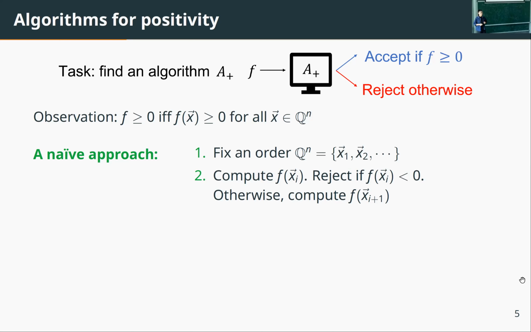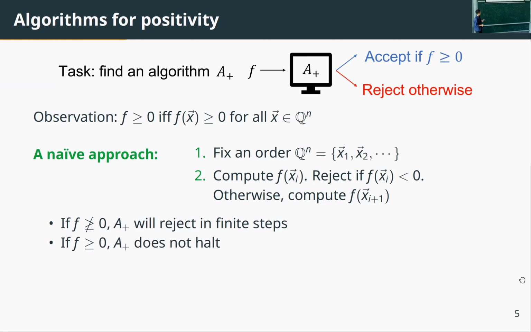In my naive approach, the first step is to pick an order of the rational numbers. Then you compute f(x1). If it is negative, then it is not a positive polynomial. If it is positive, then you compute f(x2) and go on and on. This is of course problematic.